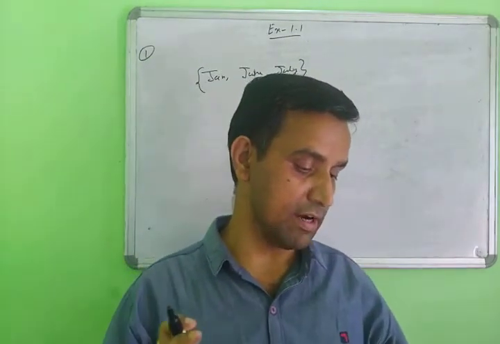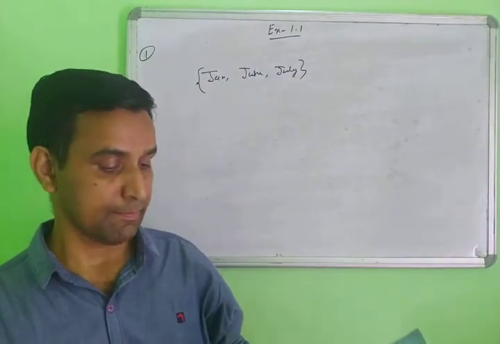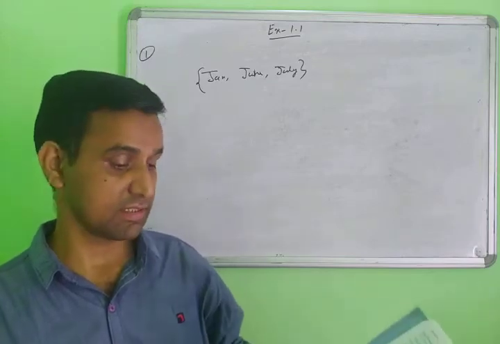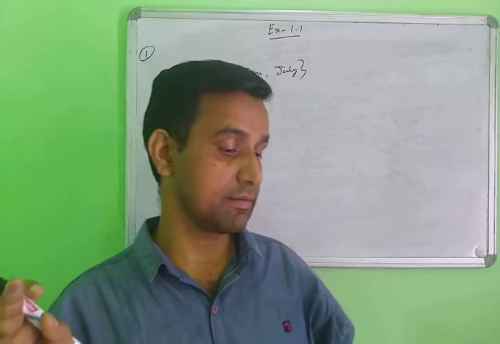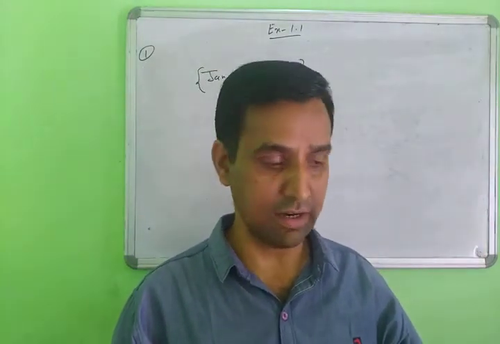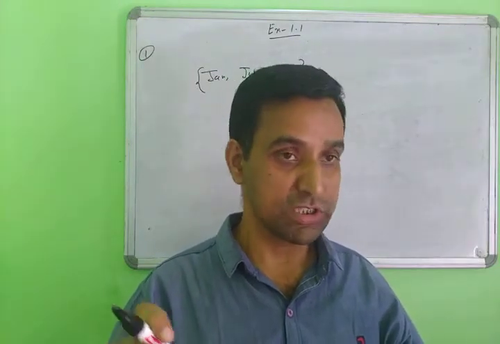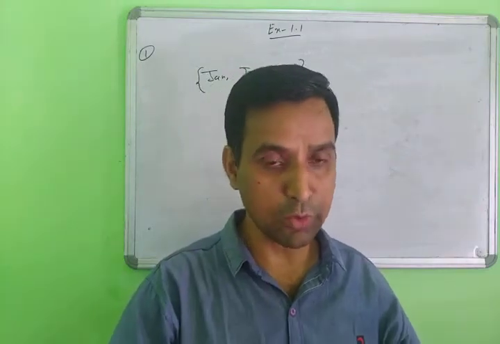Next, the third part: a team of 11 best batsmen of the world. Here also the word best is used, the best cricket batsman. So it is not possible to make a set here because you are using the word best. Which player is best, which player is not best? Then how to clarify it?